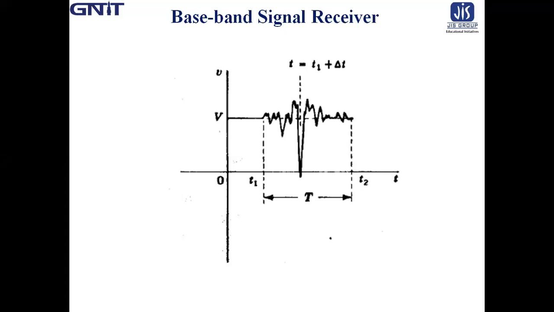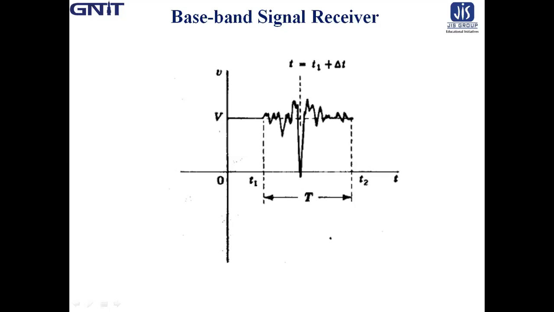Then the probability that noise has increased the sample value is the same as the probability that noise has decreased the sample value. Now, if the sample value is positive, then the transmitted voltage level was plus V. And if the sample value is negative, then we consider the transmitted voltage level was minus V. Then there is no question of errors.